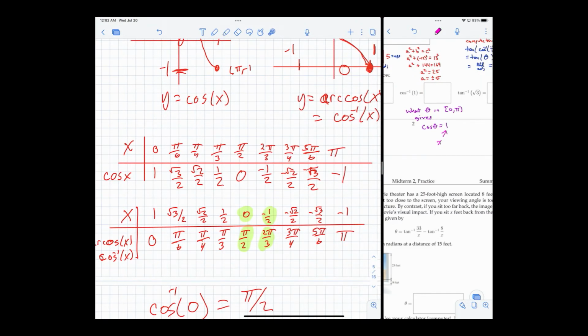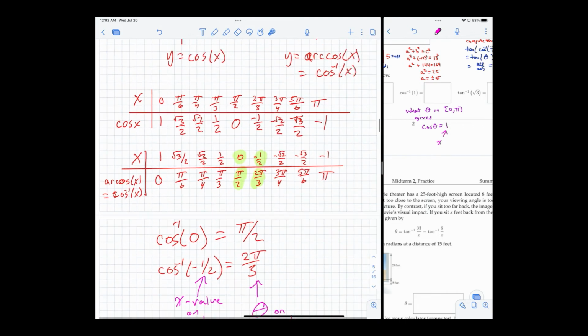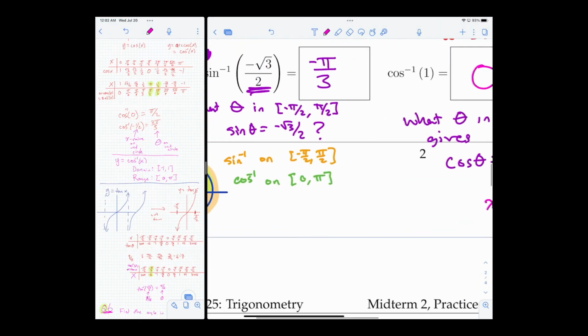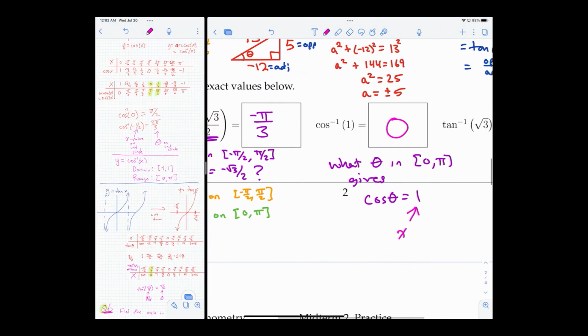But where is the 1? The 1 is right here. So what is arc cos of 1? 0. Right? Because cosine 0 is 1. So that's the correct theta.